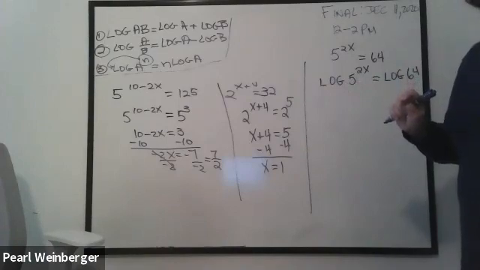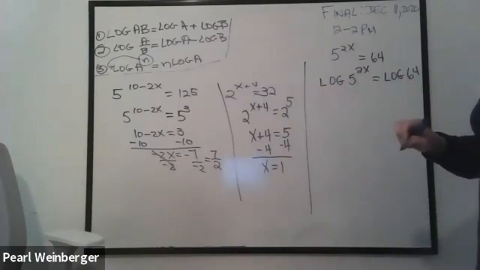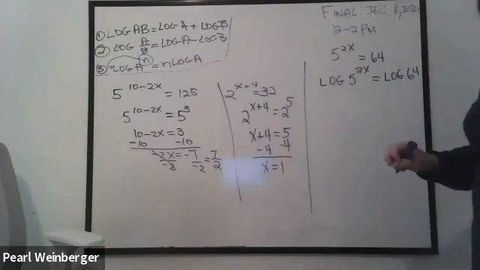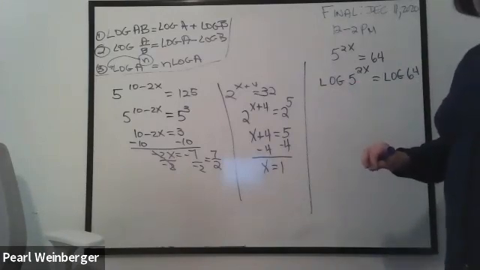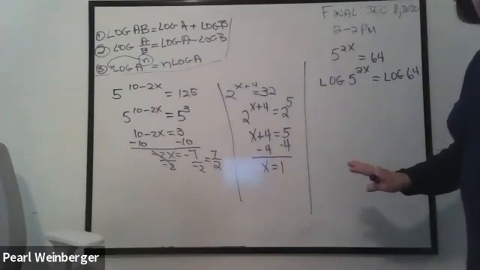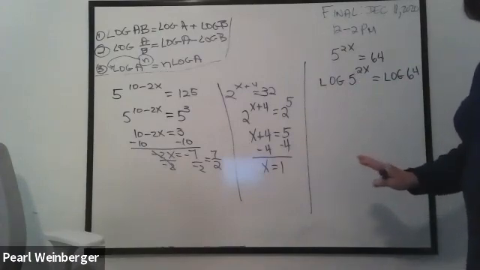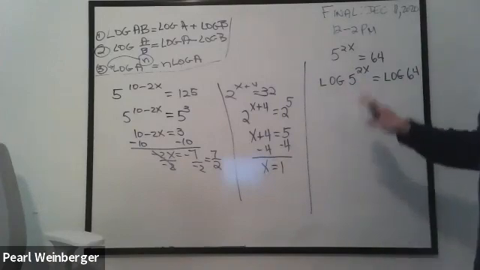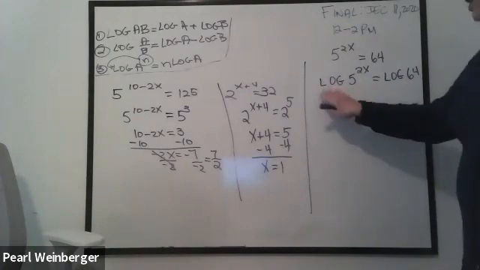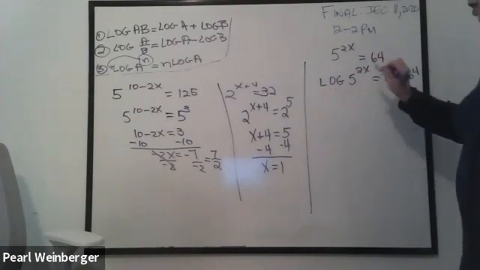I want to use a common logarithm. The reason is that then I can go to my calculator. On my calculator, there is base 10 logs, and there's one other type of logs, and I'm going to talk about that in a minute after we finish this problem.